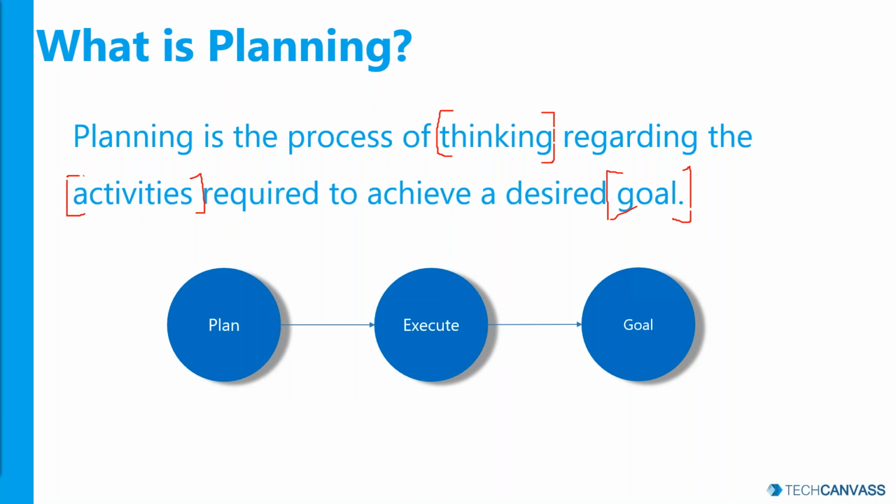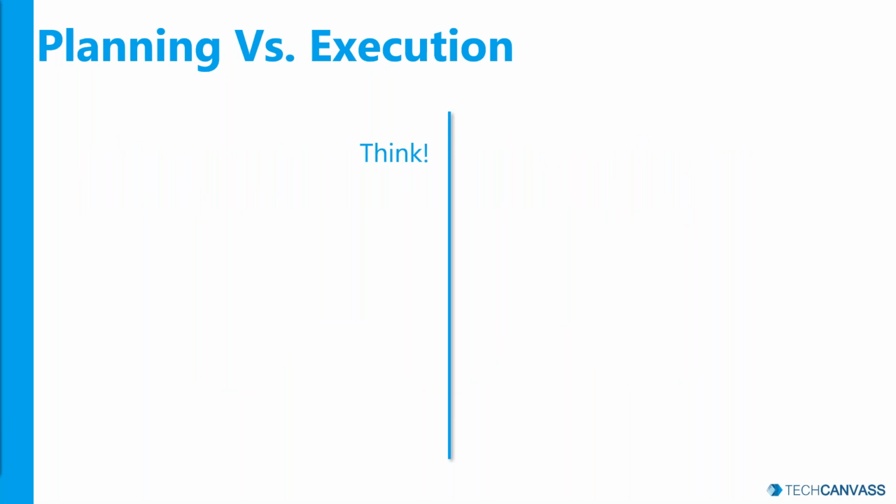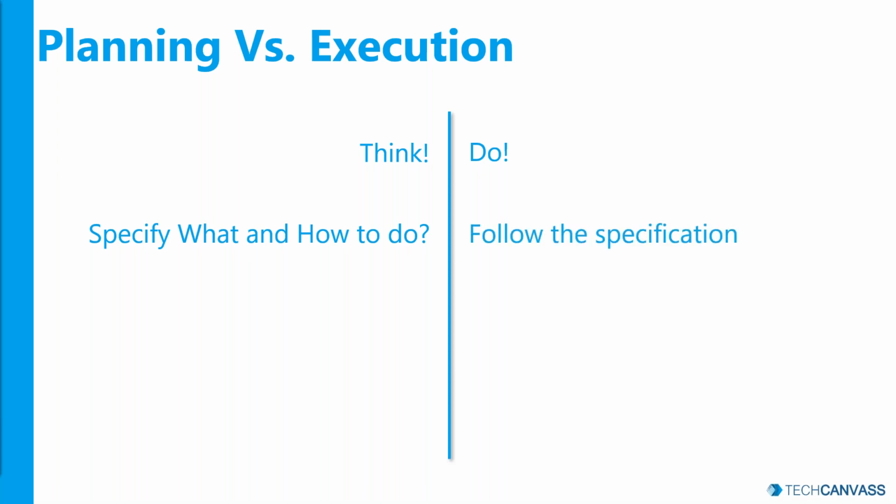So there is a thin line of difference between planning and execution. If we look at the difference, in planning we think, and in execution we do. In planning we specify what and how to do, whereas in execution we follow the specification. Now, you might have heard of terms like technical specification and functional specification. These are typically defined during the planning stage.